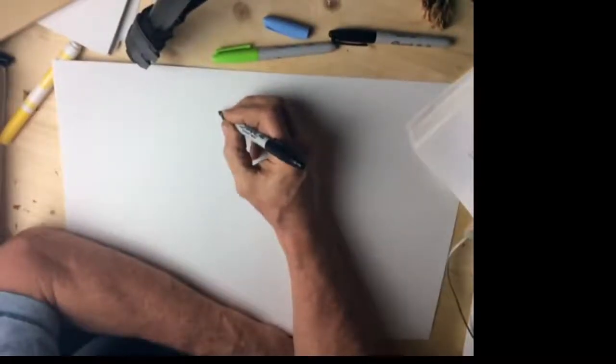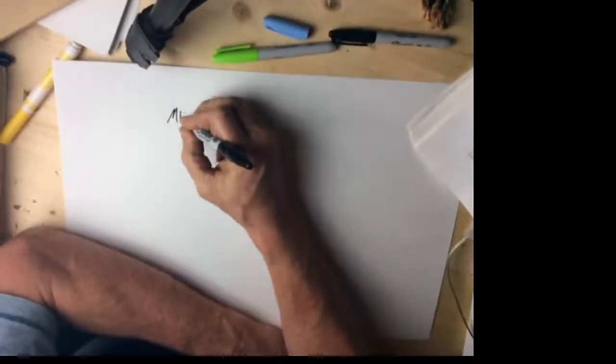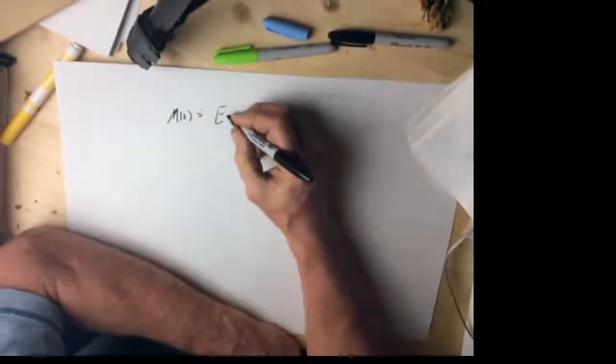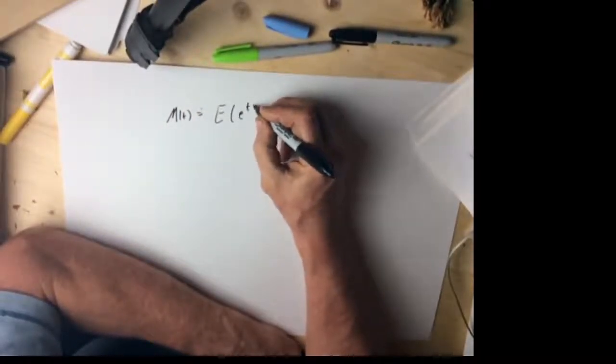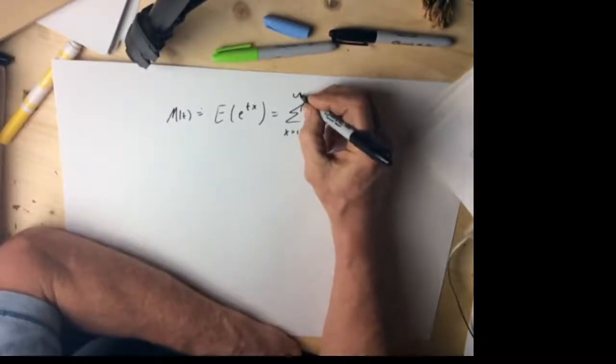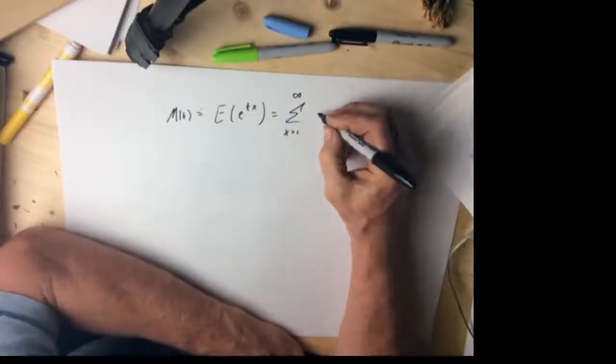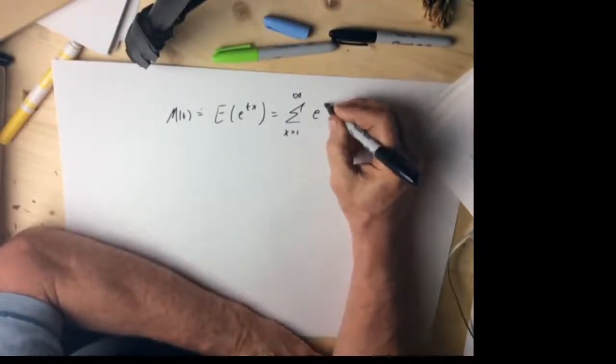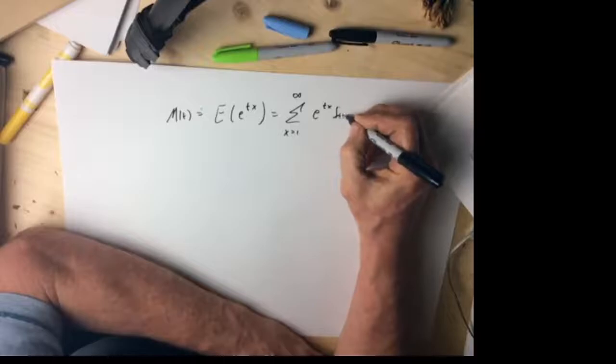Let's calculate the moment generating function for this series. So, the definition of the moment generating function, m of t, is the expectation of e to the tx, which would be the sum over x equals 1 to infinity of e to the tx f of x.